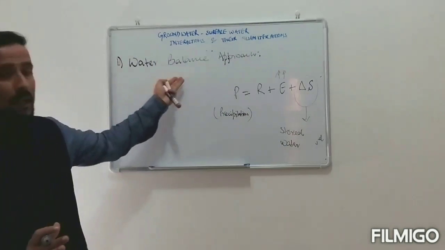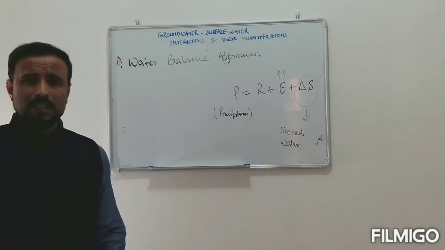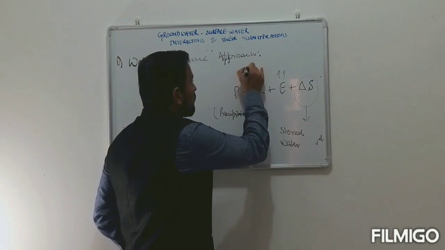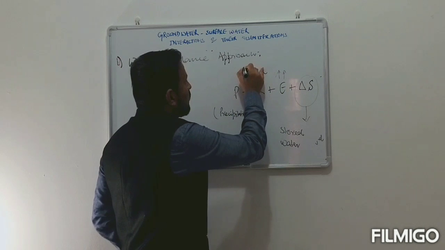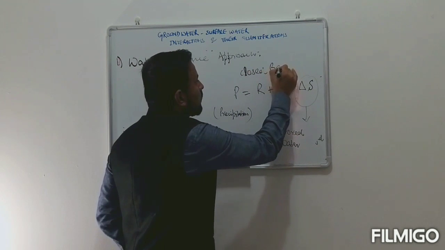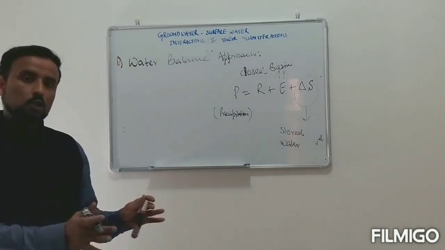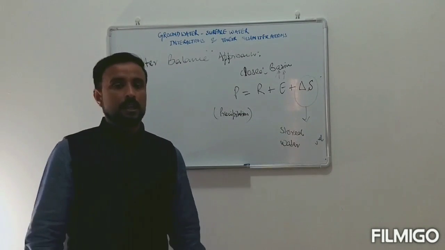So basically, the water balance approach is based upon the water balance equation idea, that is, in a closed basin. Remember, this is the foremost criterion for this approach to be successful. In a closed basin, right? A basin where water is coming, but it is not contributing to another basin. A local basin, right?